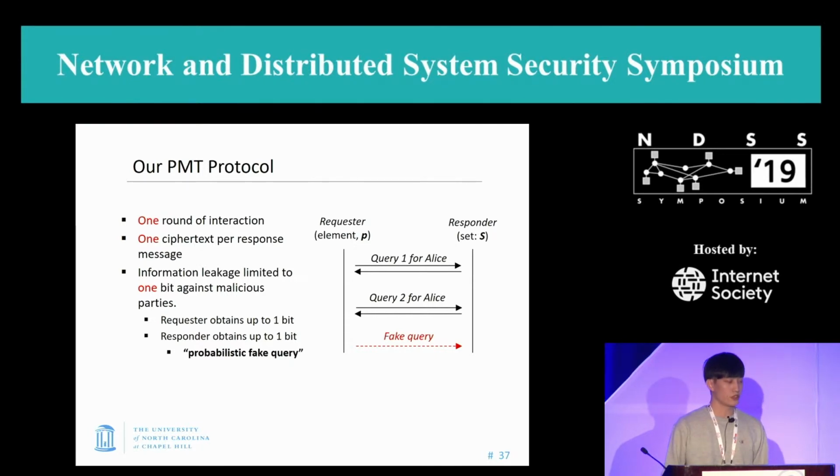To reduce such information leakage, we allow the requester to send a fake query to confuse the malicious responder's observation in a probabilistic way. I won't go into the details here, but in our paper, we briefly introduce this defense.